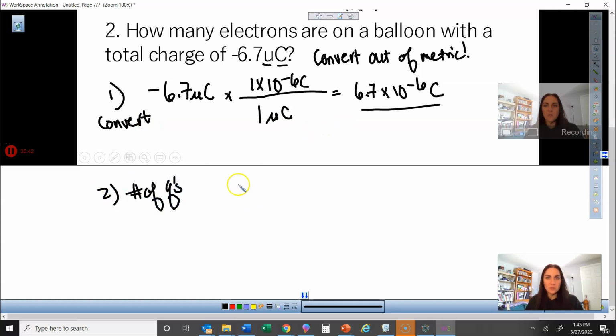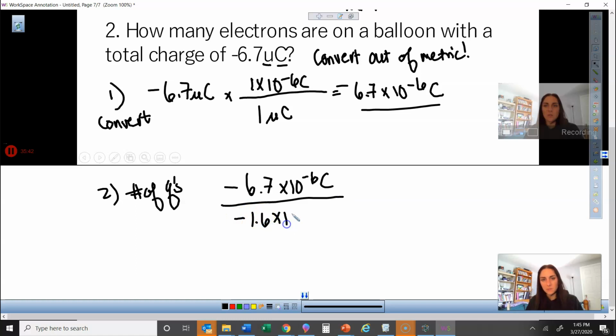Now notice that when I do the number of charges, this is negative, that stays negative. The coulombs have to cancel, so it has to be in coulombs. Divided by Q.